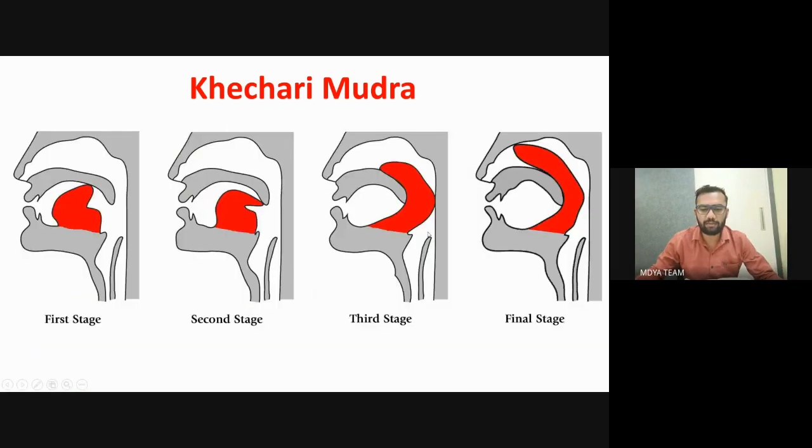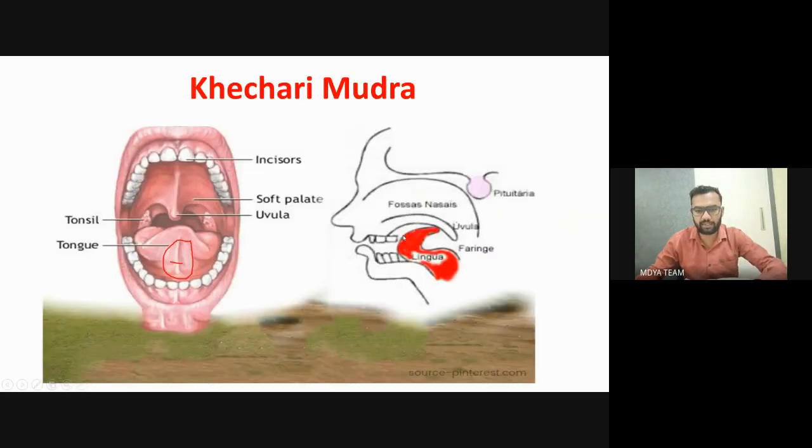Then we can move our tongue outside here, and then our tongue will be able to enter this area. It is Khechari, because this length is the same, and inside also it will be the same. That's why Bhruvor Antaram. So outside, it's easy to measure the exact length of the tongue.